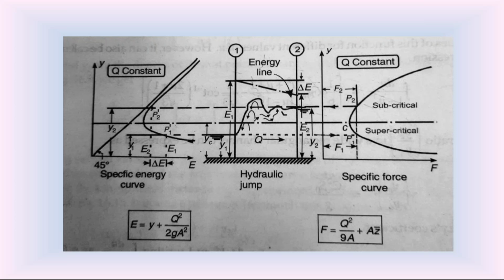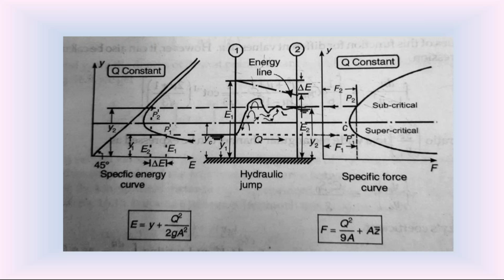Now we are going to discuss, if the open channel is a rectangular channel, the river, if the river is a rectangular shape, and if the hydraulic jump is formed in that river, what is the relation between the depth y1 and depth y2? That is at the bottom of the spillway or at the bottom of the sluice gate. The sluice gates are also there in the canals, that is man-made canals.